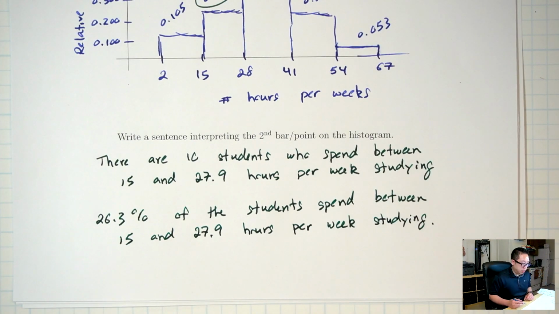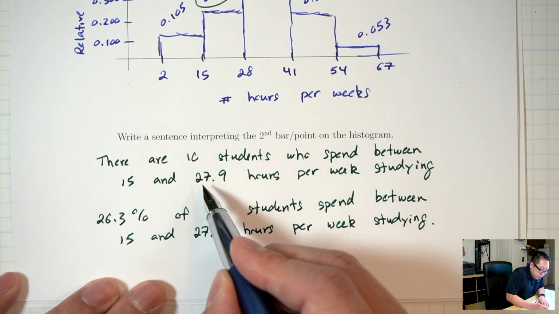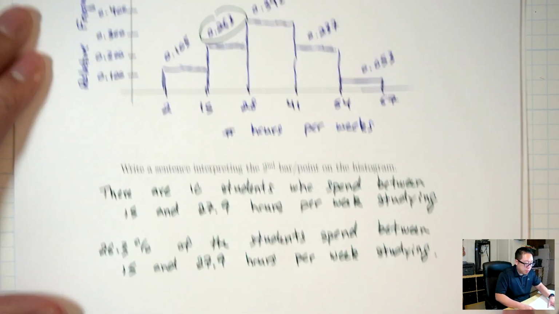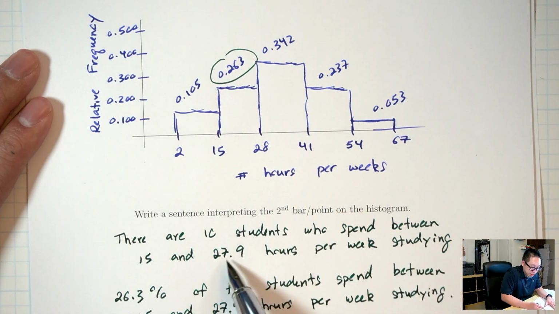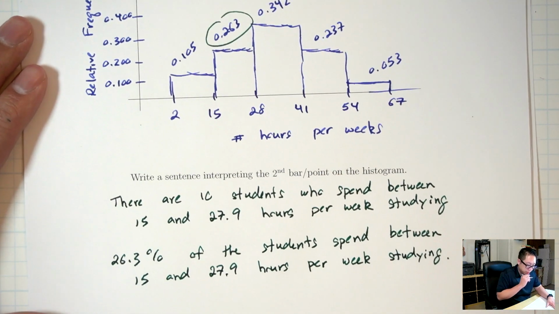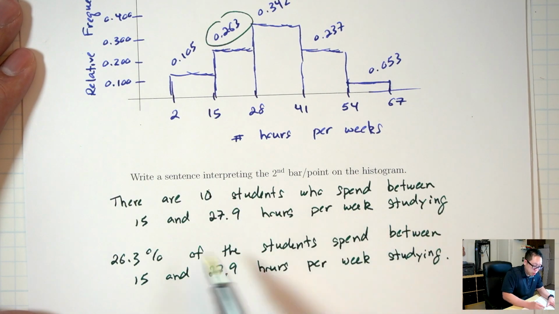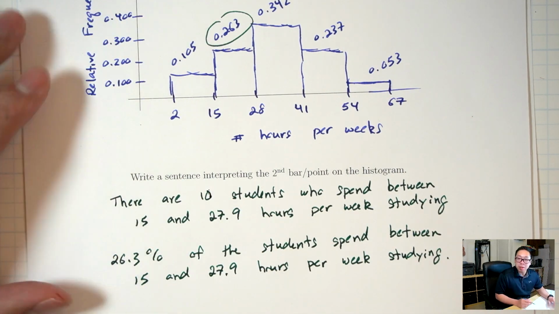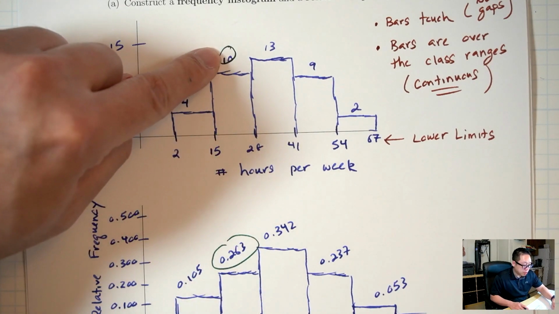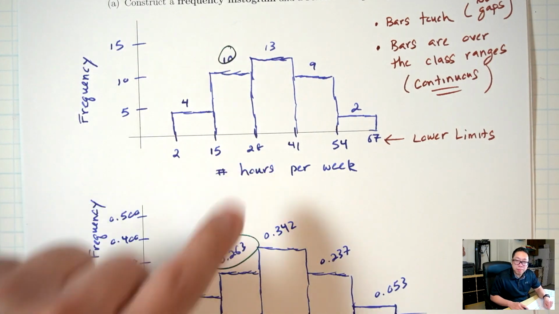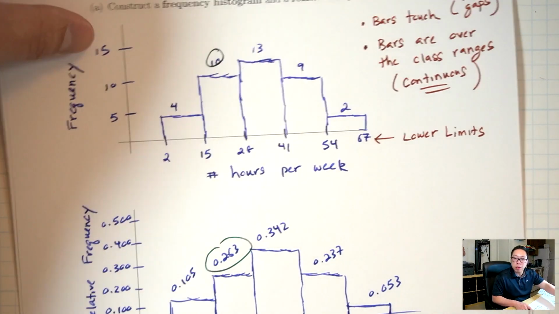Now, this 27.9 you could say 28, right? Well, I'm not going to be too picky there. You could say there are 10 students who spend between 15 and 28 hours per week studying, right? If you're just looking at the picture, this 10 represents 10 to 28. So you can say 28 if you want.